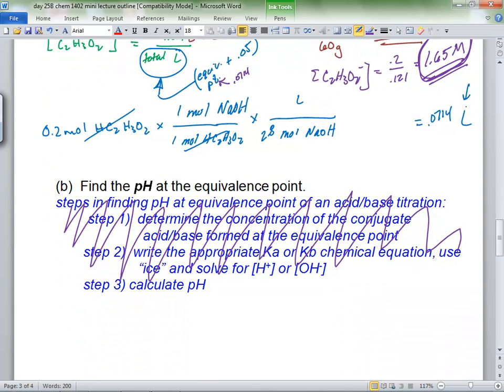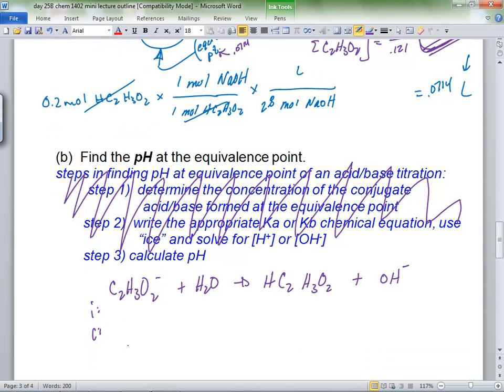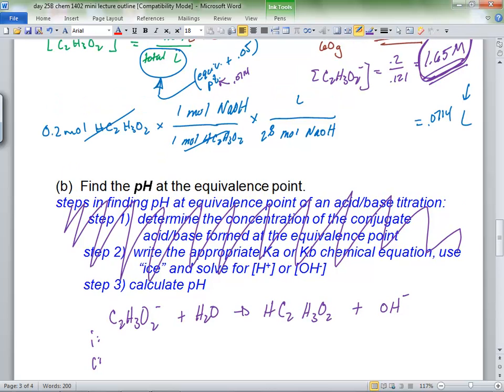All right? So Kb reaction, C2H3O2 with a negative. You have to add it to water. You get the conjugate acid and hydroxide, right? And then do ICE, and fill in that ICE table.